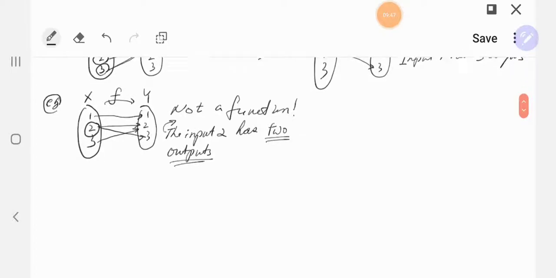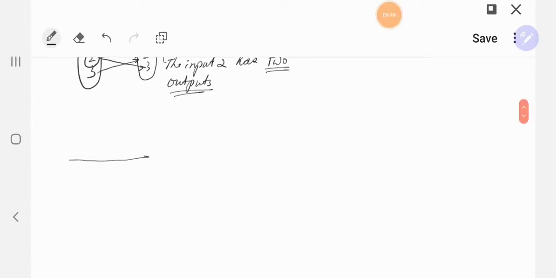How about this? What if I graph something like this? Here is the x-axis, here is the y-axis. Is this a function? x is an input, and y is the output.